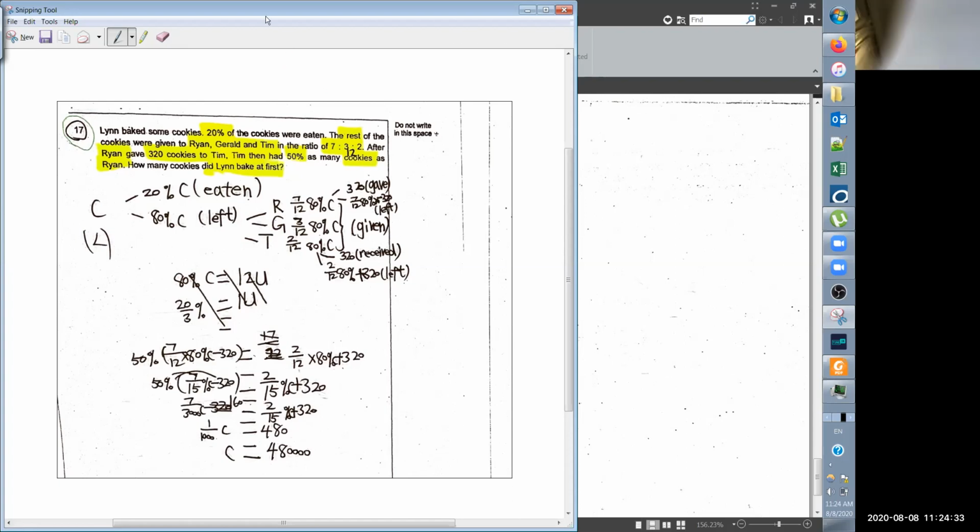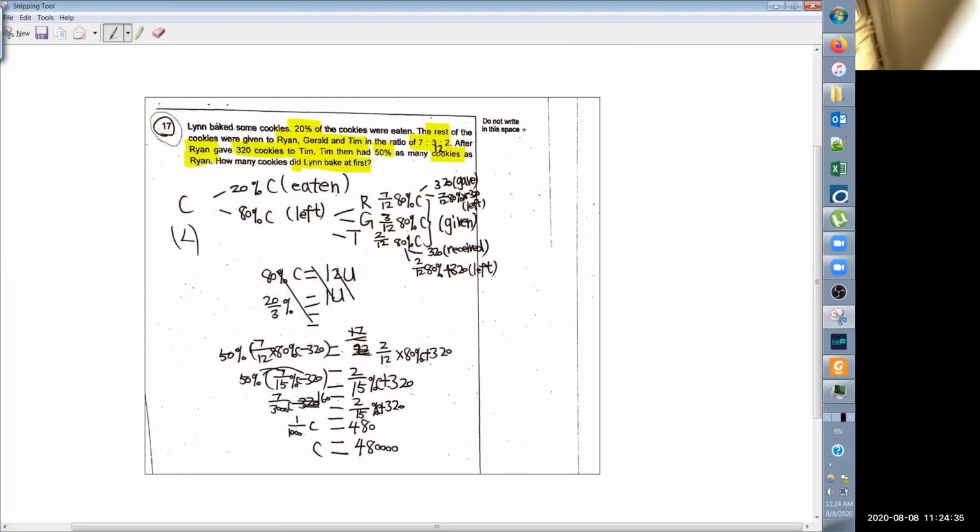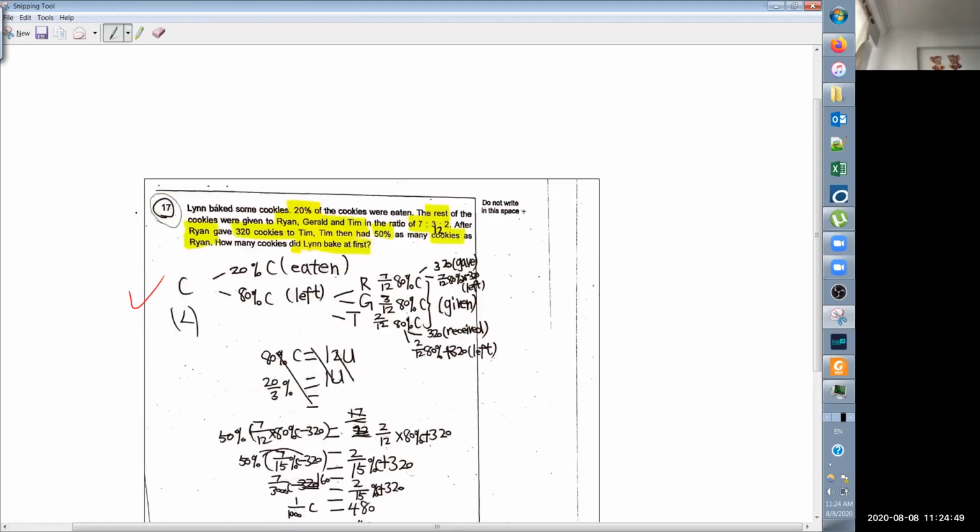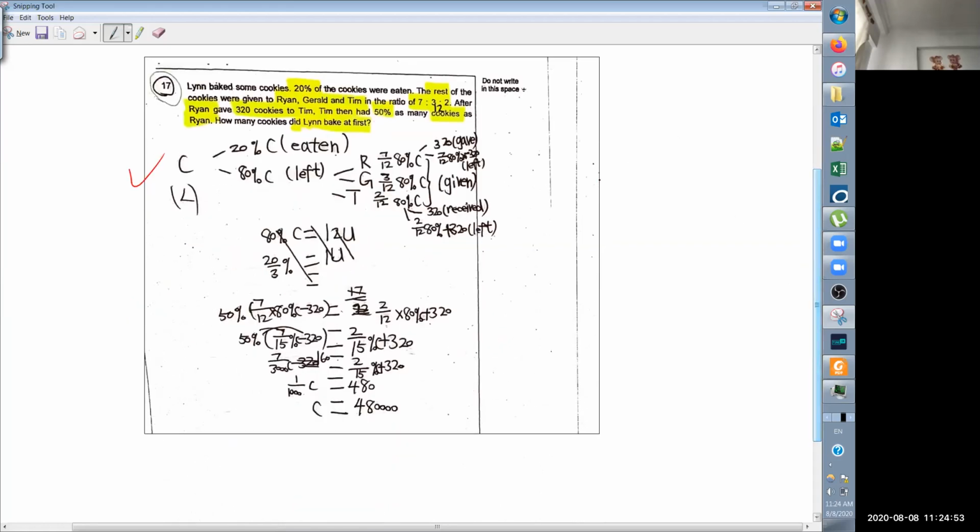Let's do this question. The method I think is more or less the same. So when it says some cookies, 20% of them were eaten. So eaten, left.